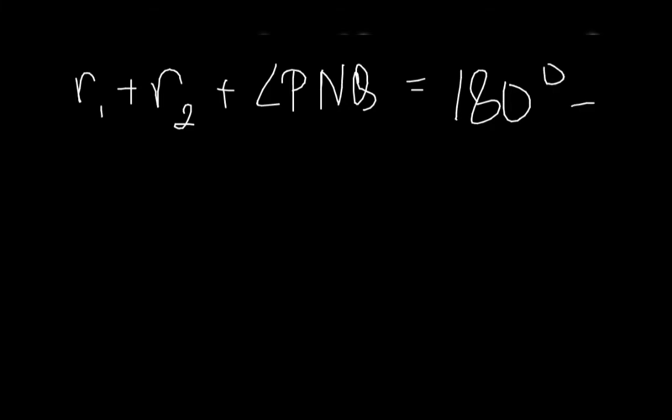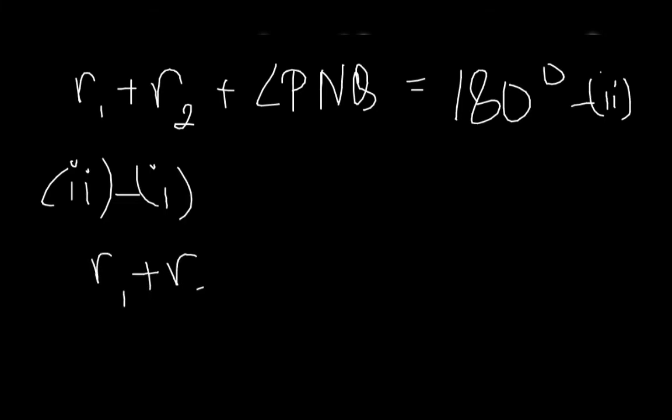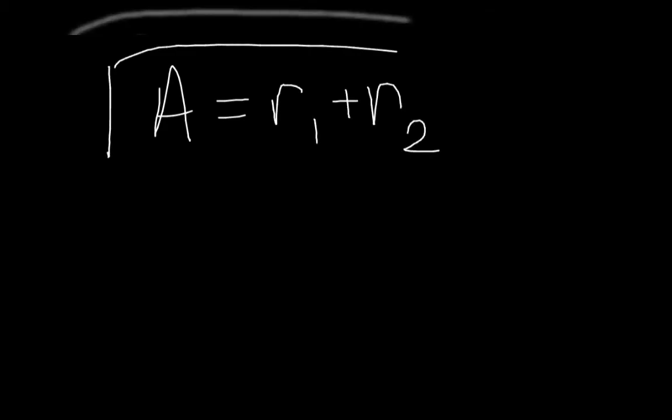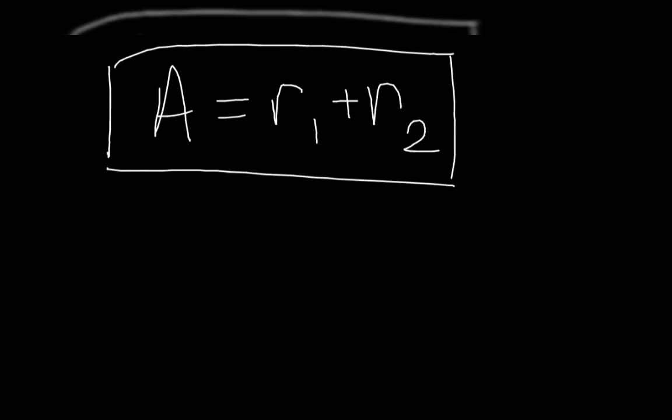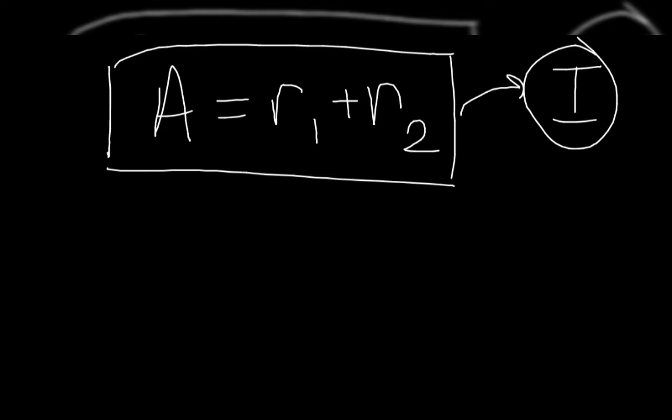If I do this as equation number 2, then equation number 2 minus equation number 1 gives R1 plus R2 minus A equal to 0. Do the math. Okay, I'm not doing the math, this is physics. So I reach my first major breakthrough in this proof: A is equal to R1 plus R2. First big step.